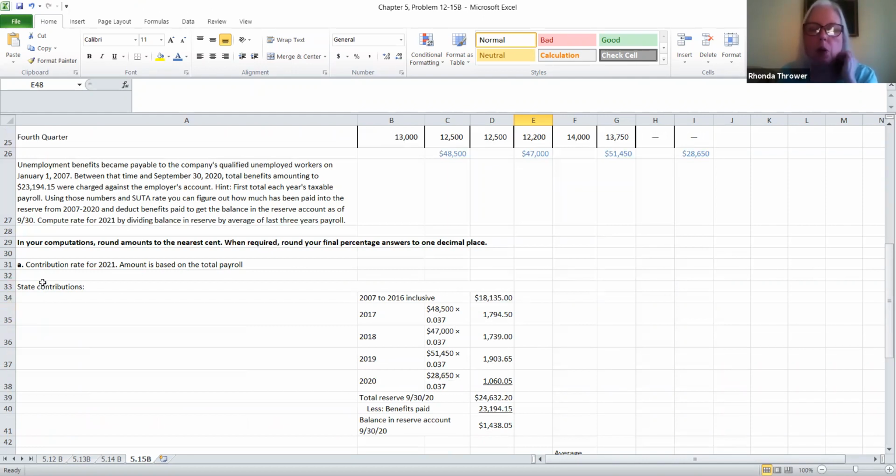So for Part A, they wanted you to find the contribution rate for 2021. The amount is based on the total payroll. These are your state contributions for the years. This amount was given to you.